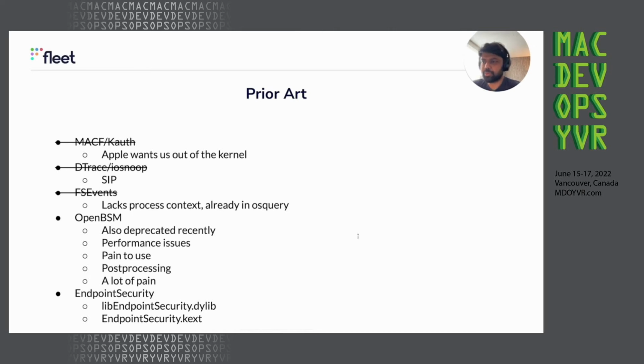So the next approach is OpenBSM and auditd. Unfortunately, Apple also deprecated OpenBSM recently. I think it's slated to be removed in future macOS versions. The current process events table in Osquery uses this, but it has been plagued by performance issues. It's a pain to use.